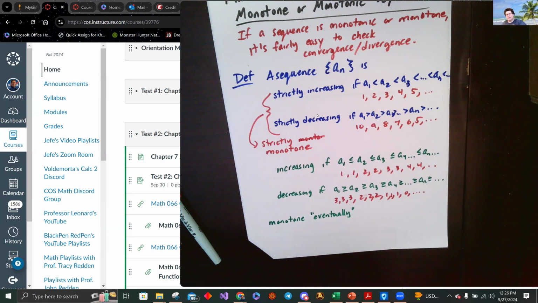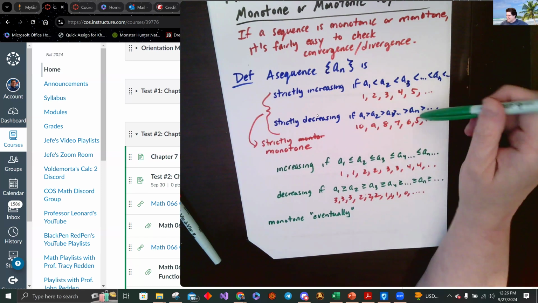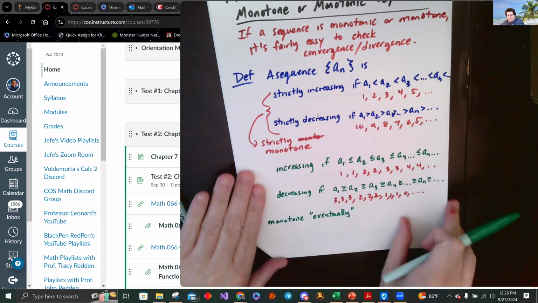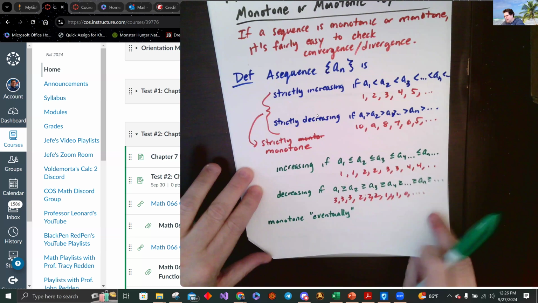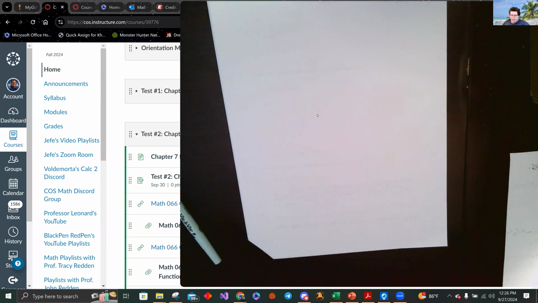So I gave some ones that were either going and blowing up to infinity or going to negative infinity, and same with these right here, but that's not required. So let's take a look at the way these can turn out.